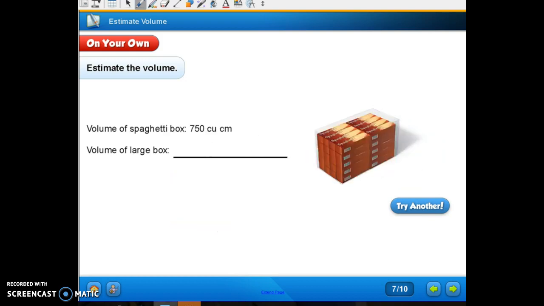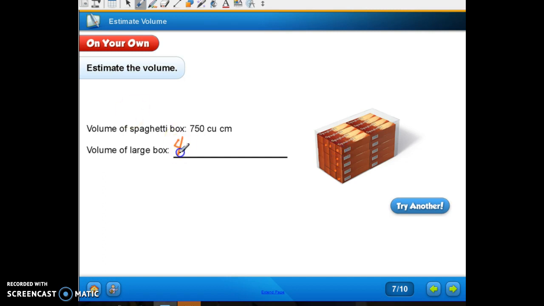Here is a box of spaghetti. Each spaghetti box is 750 cubic inches. How many boxes of spaghetti are in the layers? 1, 2, 3, 4. So there's 8 in each layer. How many layers are there? 1, 2, 3, 4, 5. What is 8 times 5? 40.